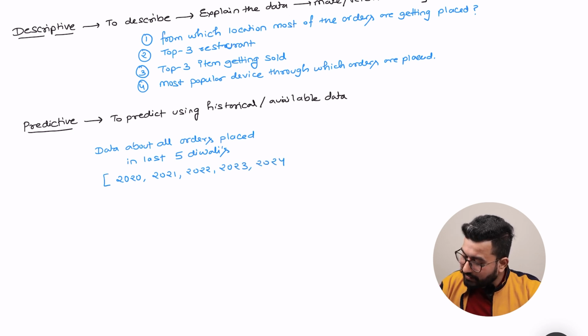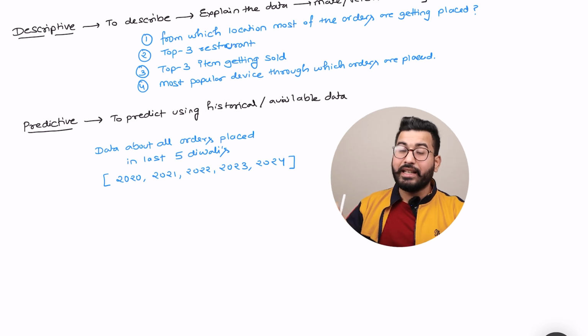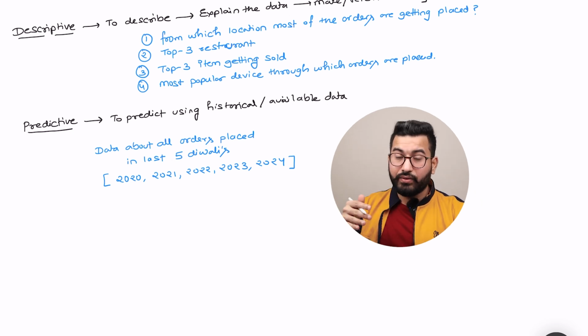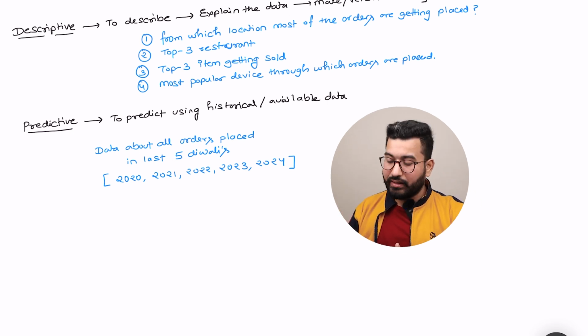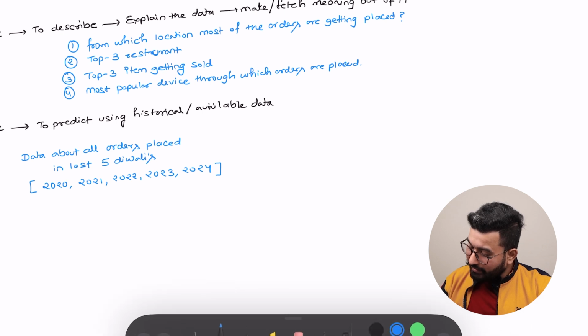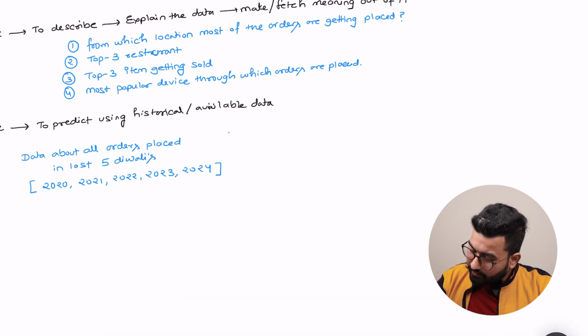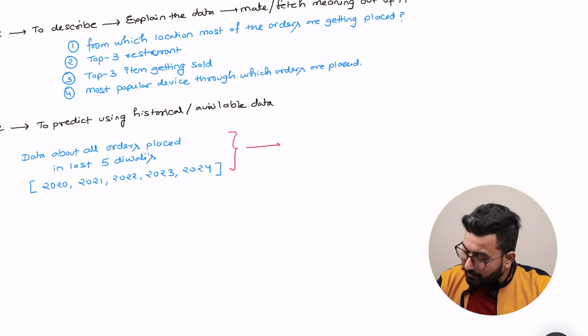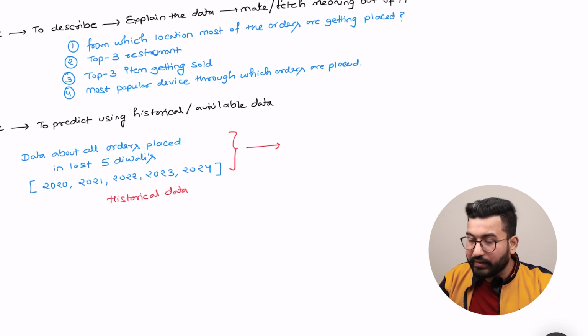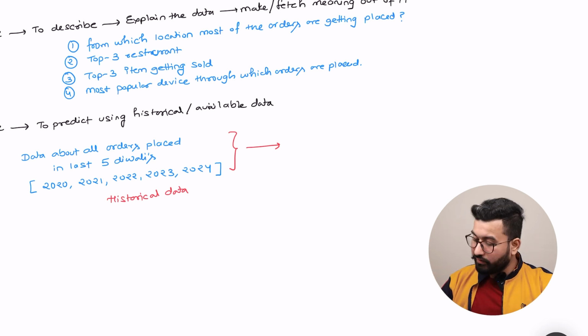They have collected this data for all the Diwali orders, on the day of Diwali, how the orders happened. Now, this is my historical data, right? Using this data, can they prepare themselves for Diwali 2025?